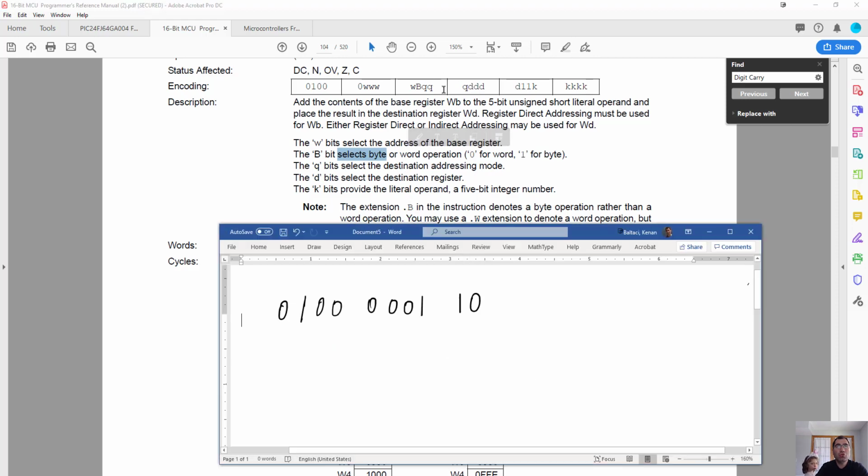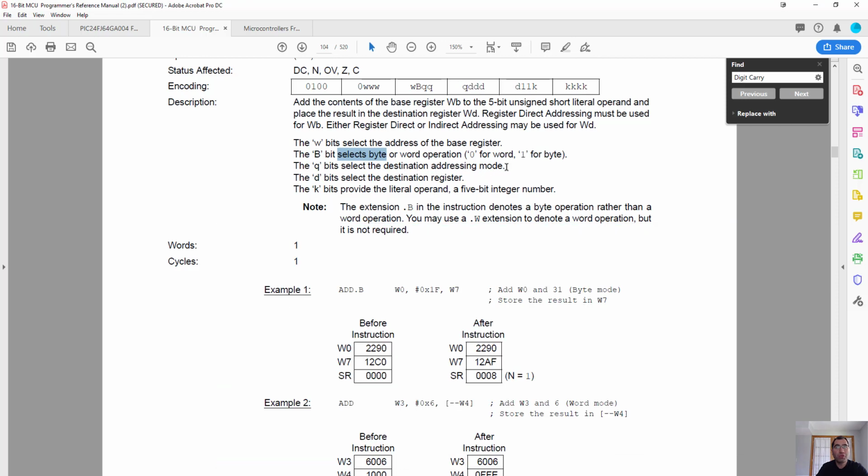And then QQQ. What is QQQ? Q bits select the destination addressing mode. This is important: it's not talking about the address, it says addressing mode. So we have to look at what QQQ means. Let's go back to that table.